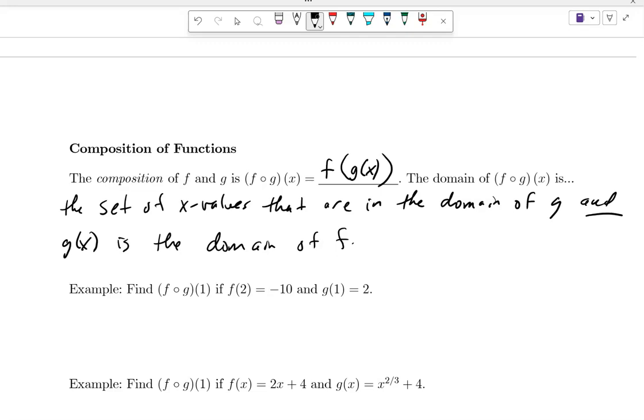This one says find F composed with G of 1 if we have F of 2 is negative 10 and G of 1 is 2. So again, by definition here, F composed with G of 1 literally means F of G of 1.